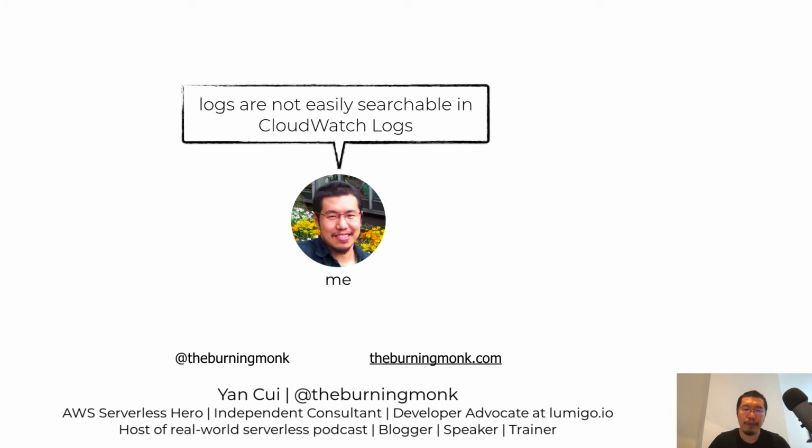So the problem with CloudWatch Logs is that it doesn't make searching your logs very easy. They have made strides in this regard with CloudWatch Logs Insights, but I'll still argue that it's a lot more work and not as scalable and flexible compared to my Elk stack. With CloudWatch Logs Insights, for example, there's a whole different search syntax, which is somewhat unfamiliar, at least for people coming from Elk.